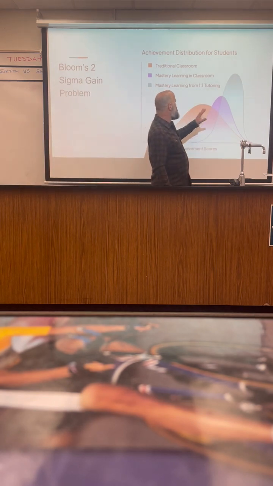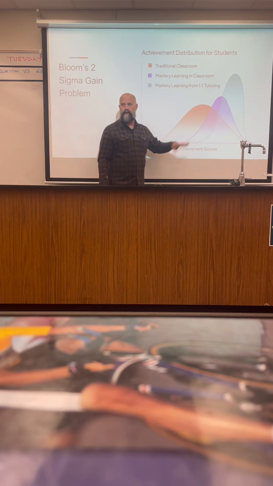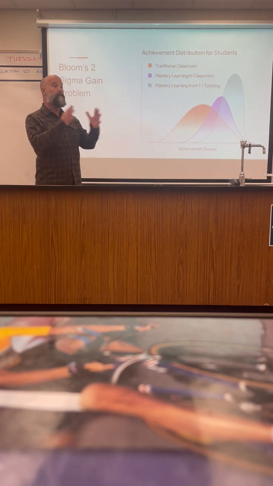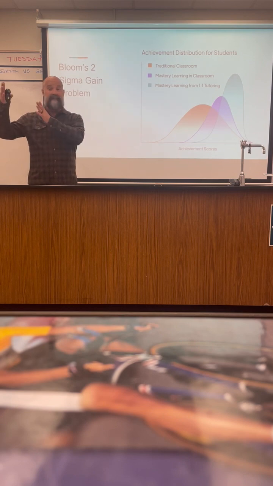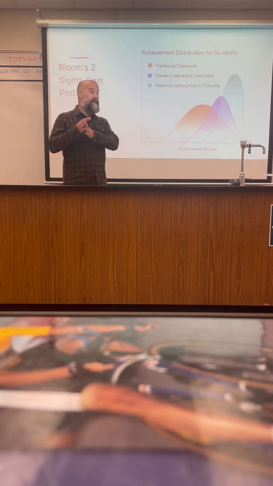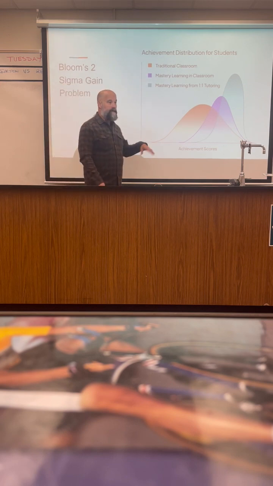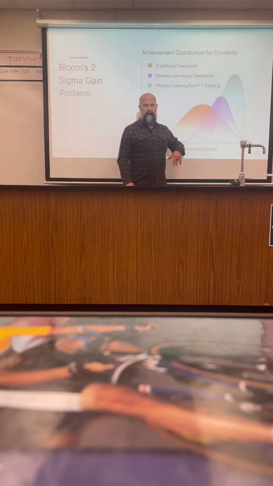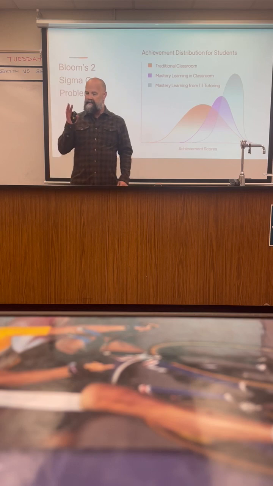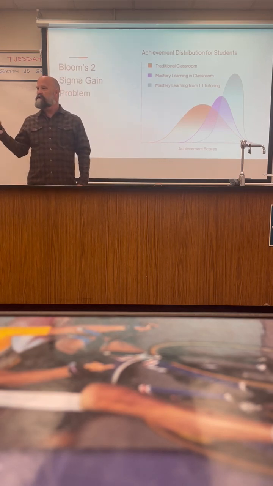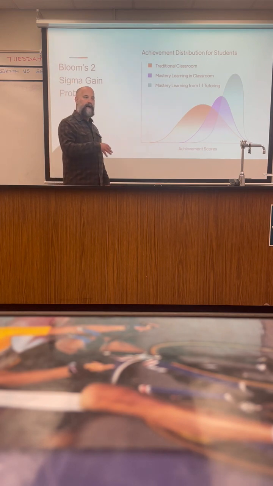And you can see that, by the way, the traditional learning model is the teacher teaches, there are no formative assessments, and then we take a test at the end of the session. And that's the results that we get from that. Mastery learning is this blue curve. Mastery learning sets in those formative assessments and helps teachers know where students are, and then makes corrections before the test.